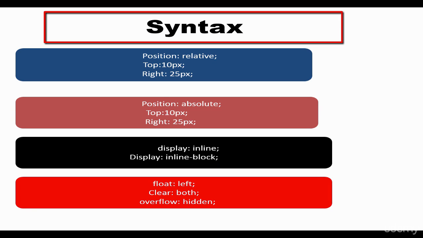Another property we can use is the float property. The float property is used to determine which direction an element should be floated to. You can specify left or right. And then you've got the clear property. The clear property is usually used where you find the float property, because it mops up after the float property.